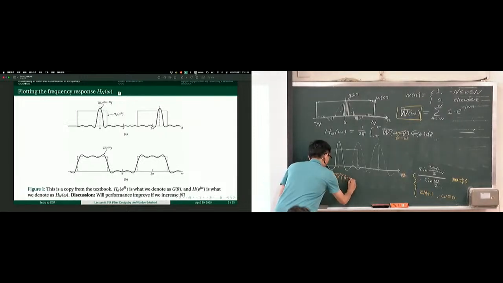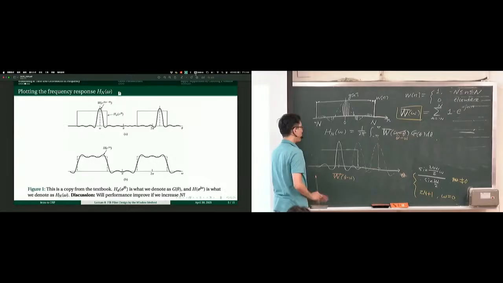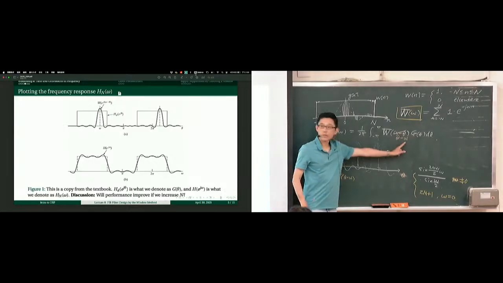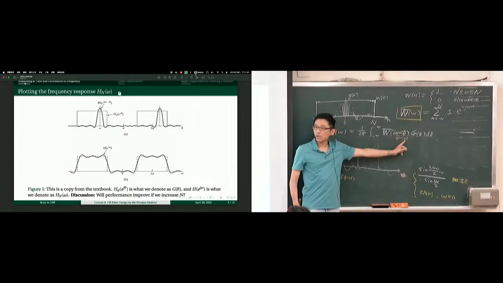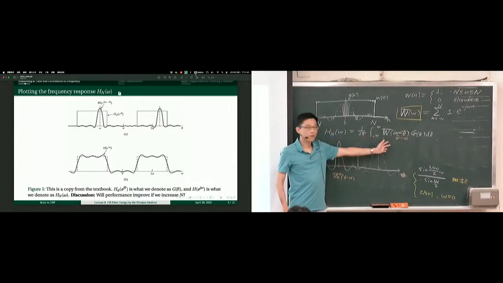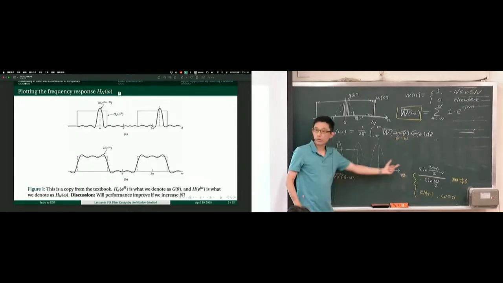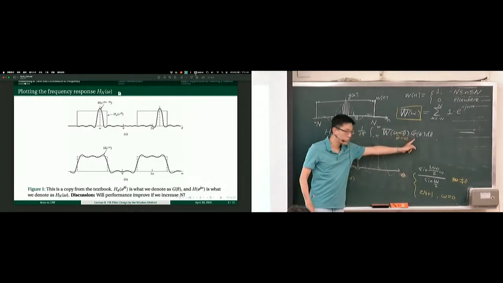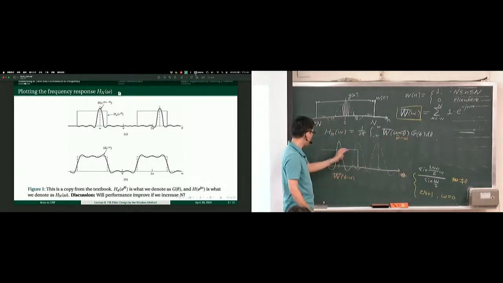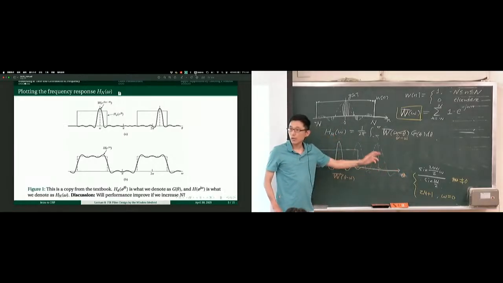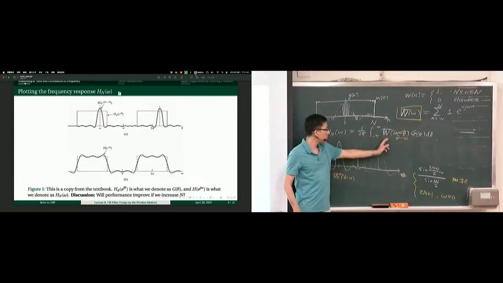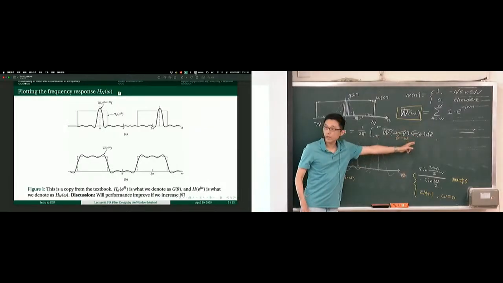Omega is a parameter here, so we are just evaluating this integral as a function of omega. What does that mean? That means big W is shifting to the right, and we multiply it with G, which is ideal and very simple: 1 in the passband, 0 in the stopband. And we're calculating the area under the curve after multiplication.